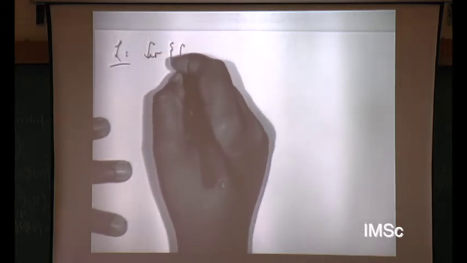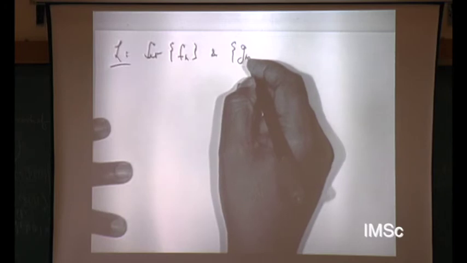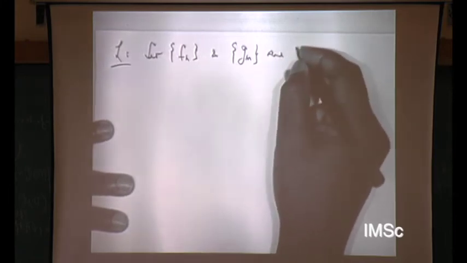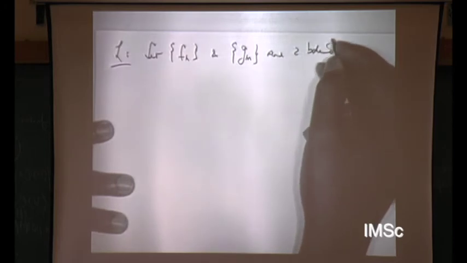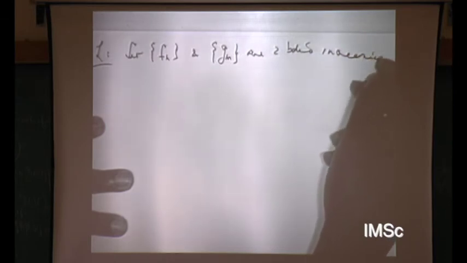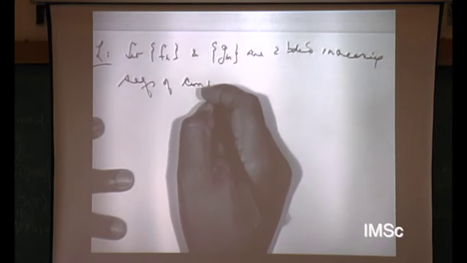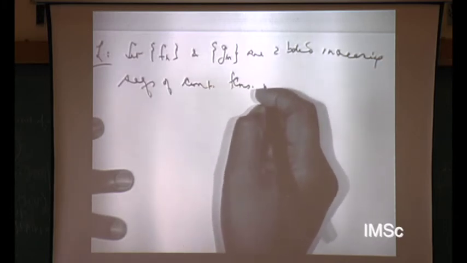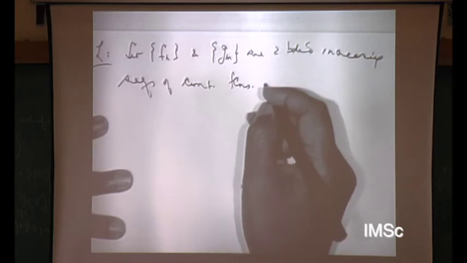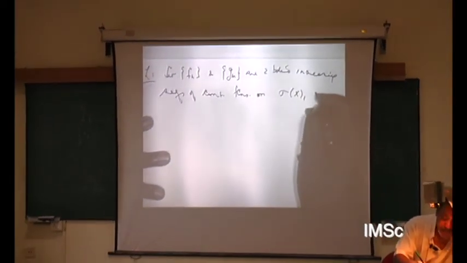Suppose you have two sequences, F_n and G_n, two bounded increasing, that is monotone, sequences of continuous functions on the spectrum of x for some self-adjoint x.